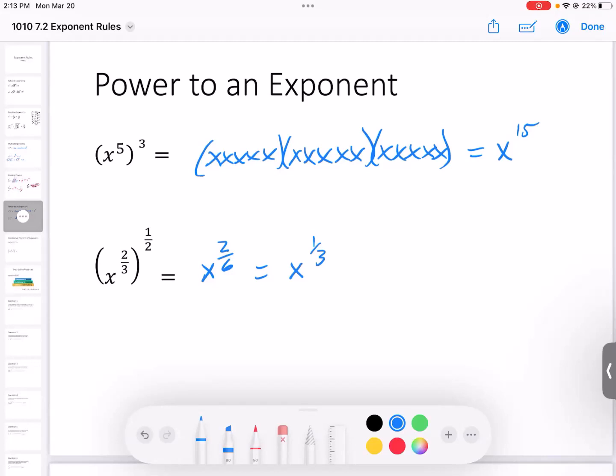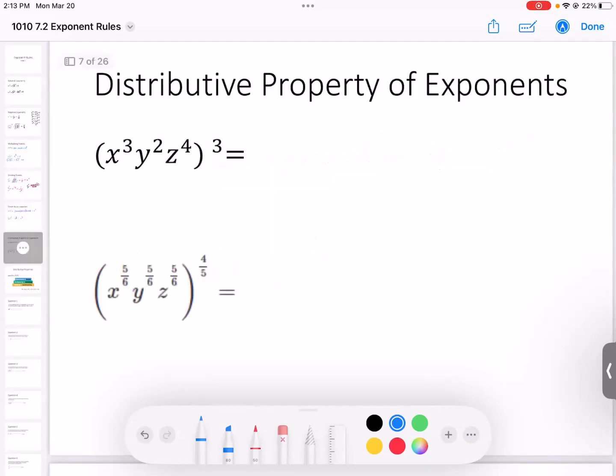Now, on this one, you can get some more complicated problems than just this. You might see something that looks kind of like this. So if we had x cubed y squared z to the 4th, all to the 3rd power, what that means is you have 3 x's, 2 y's, 4 z's, and that is multiplied by itself 3 times.